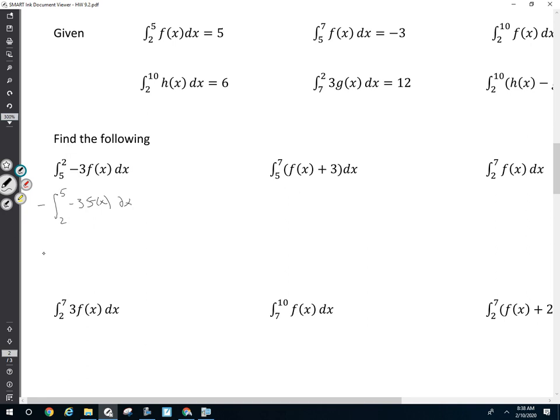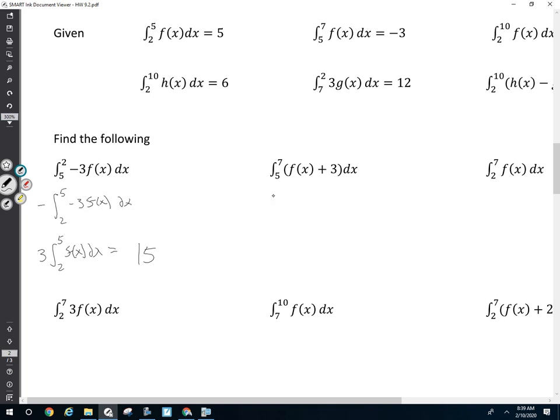I'm going to then pull this negative 3 out, and this becomes a positive 3 integral from 2 to 5 of f. So I would write this stuff down just so you know, okay, well, 2 to 5 is 5 times 3, this is 15. You could think negative 3 times negative 5. I went the other way.